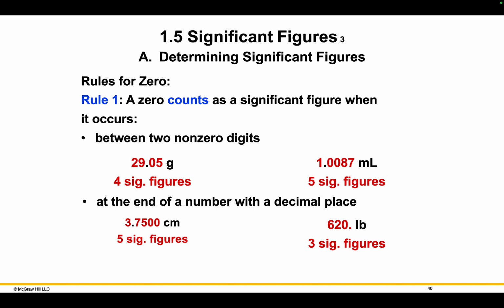This other example is a little bit tricky because this 0 is an example of a 0 that's before a decimal place that is considered significant. The decimal place after the 0 makes that 0 significant. This rule is a little bit trickier, and it almost seems like an exception to the rule, and so as those cases come up, we can continue to work through those. But if you have a decimal place after a trailing 0, that decimal place is going to indicate that those trailing zeros are significant.